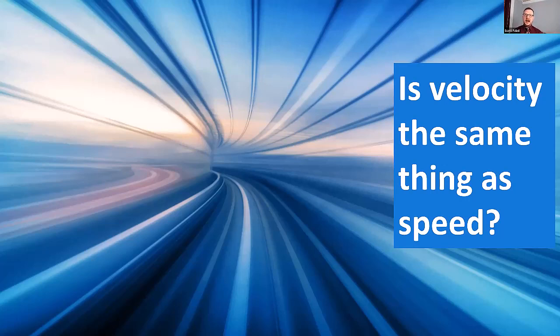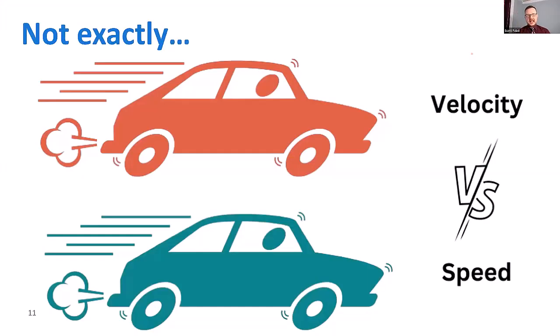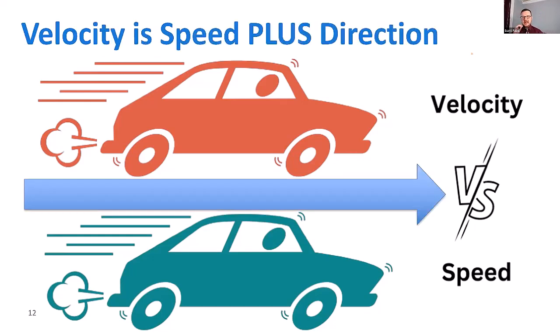So is that what we're talking about? Are we talking about doing IT fast? Is that really what this presentation is about? Not exactly, right? Velocity and speed are related, but they're different. Velocity is speed plus direction.